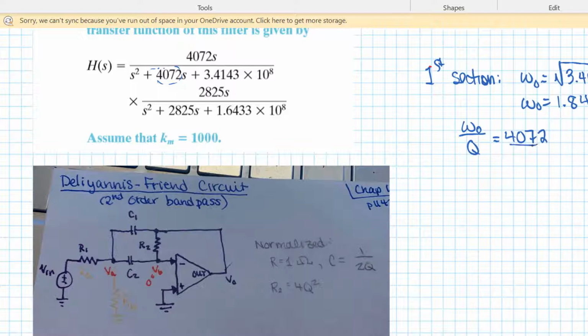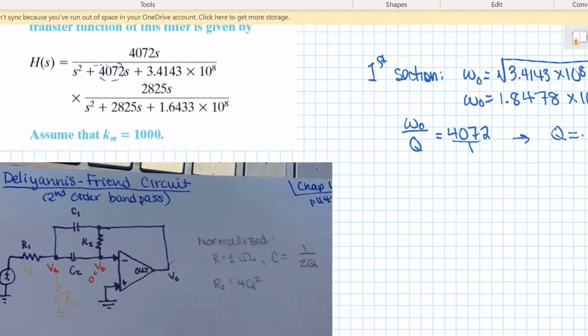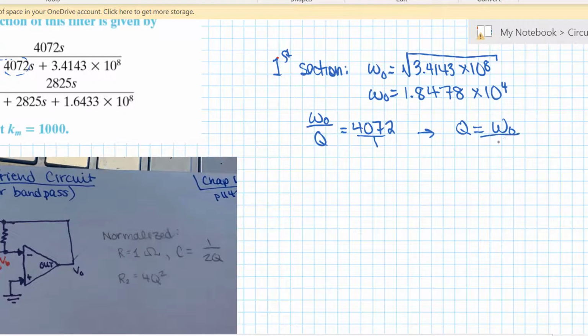Basically cross multiplying, you'd get 4072 Q equals omega naught, but you want to solve for Q, so divide both sides by 4072.